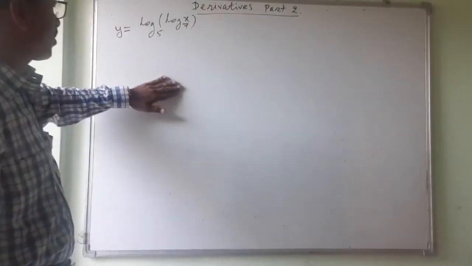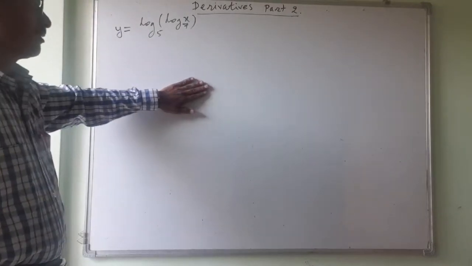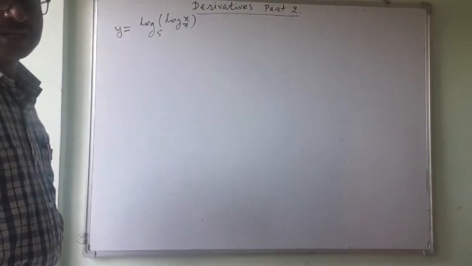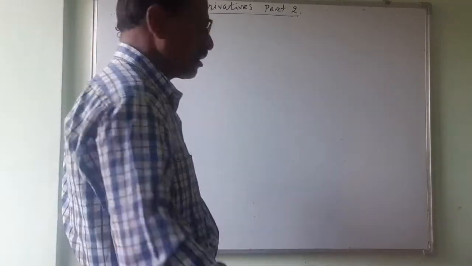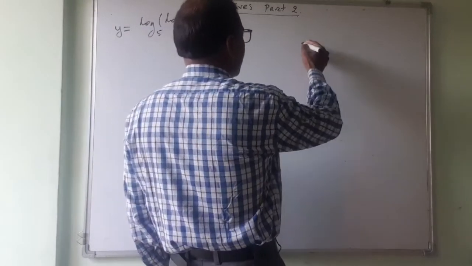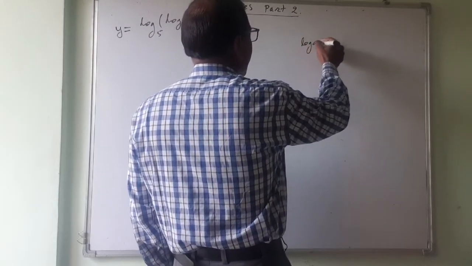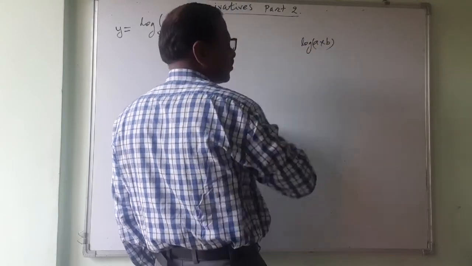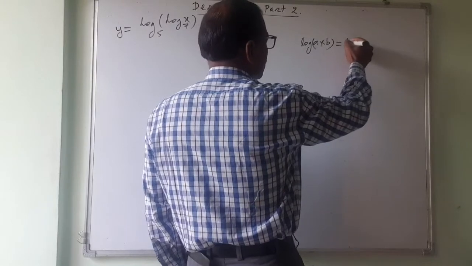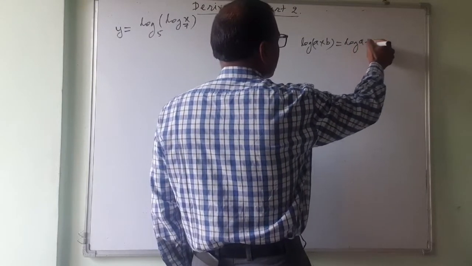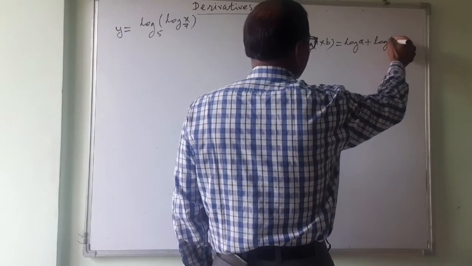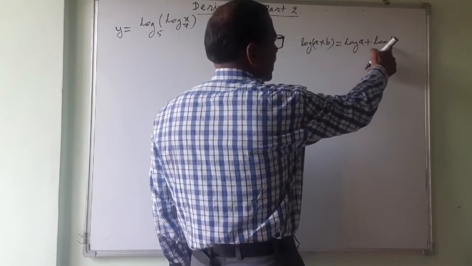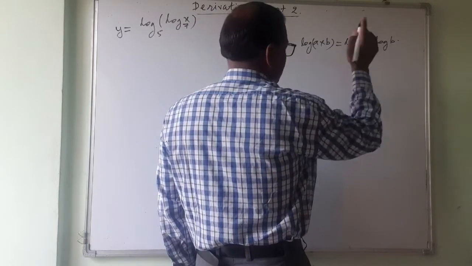Before proceeding with this, some of the students might not have completed logarithms, so I have to give some formulae. Log of a into b, the product of two numbers, is equal to log of a plus log of b. Here something would be there, that is called the base.